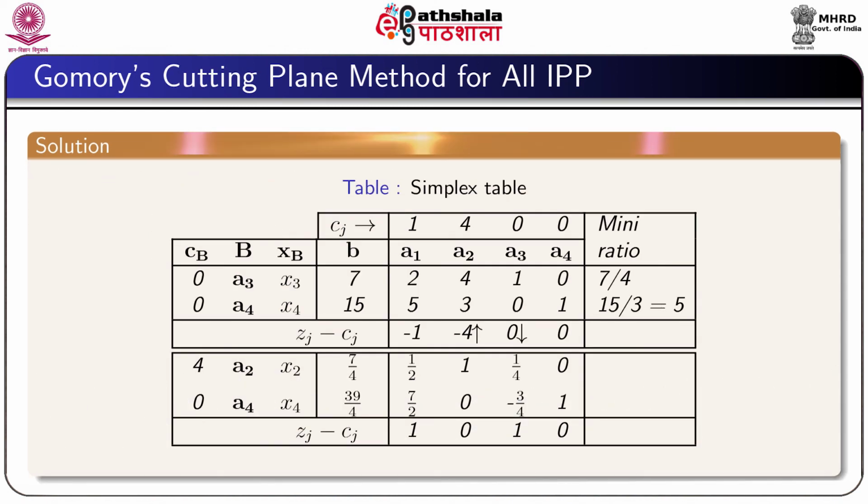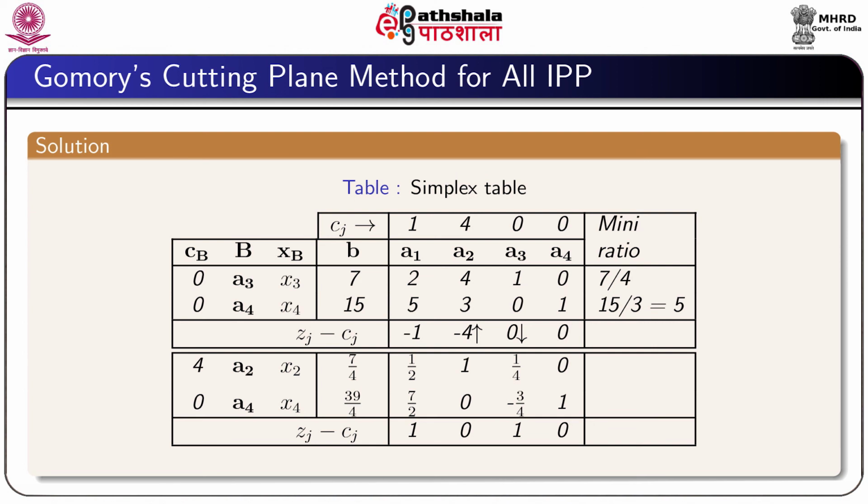Now, if we put this problem in the simplex table, we see that in the first iteration the optimality condition is not satisfied, whereas in the second iteration the optimality condition is satisfied as Zj minus Cj is greater than or equal to 0 for all j.